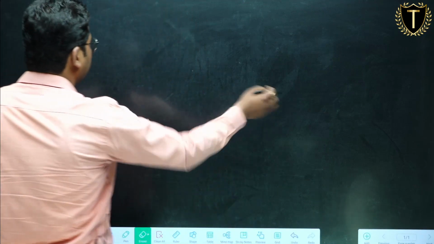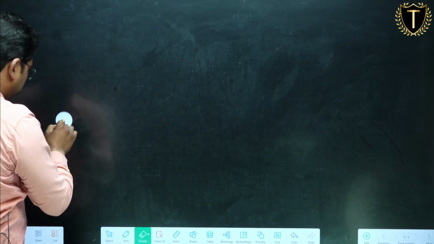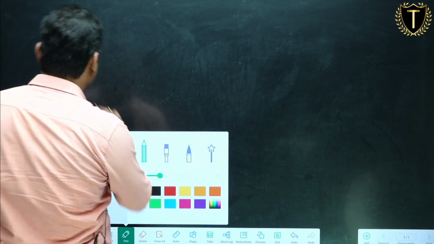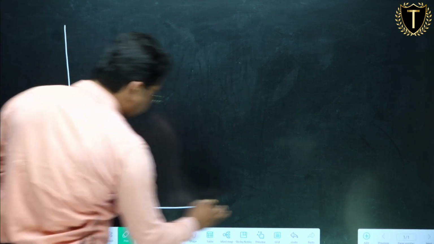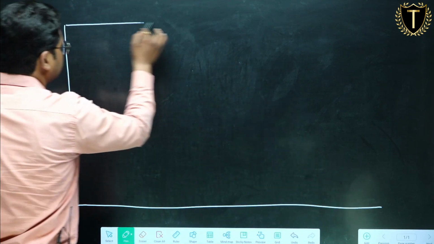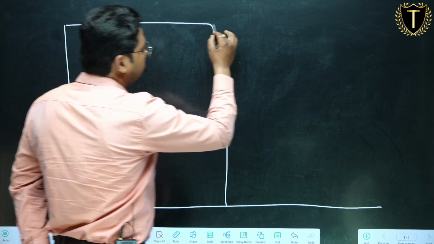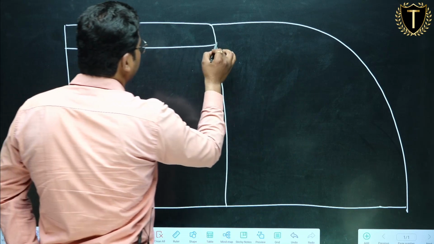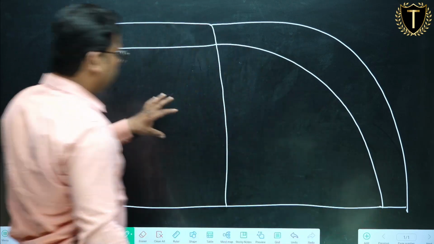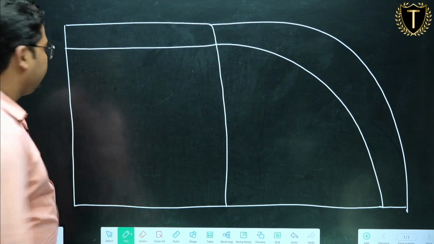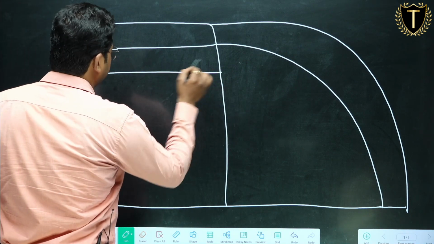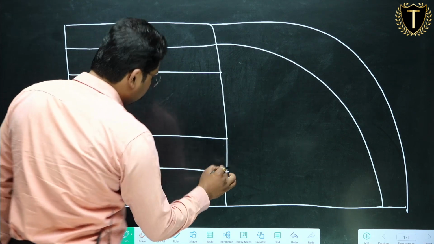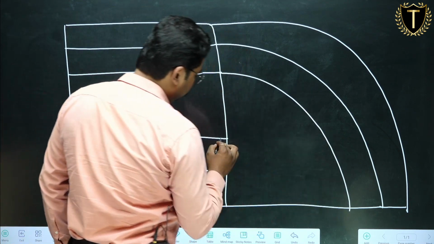So if we talk about the Earth's interior, this is two diagram. Let me tell you. This one is the speed graph and this one is the Earth's interior, where on the basis of the behavior of seismic waves, we have divided the Earth's interior in many layers.